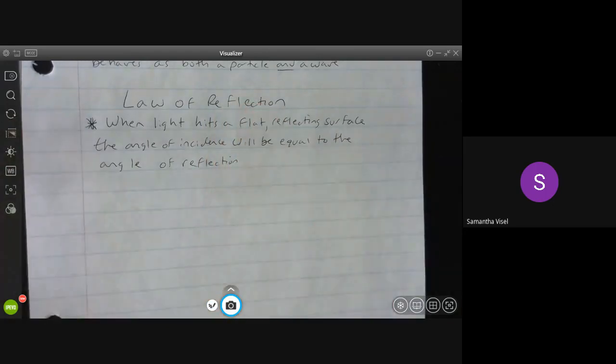So when light hits a flat reflecting surface, the angle of incidence will be equal to the angle of reflection.